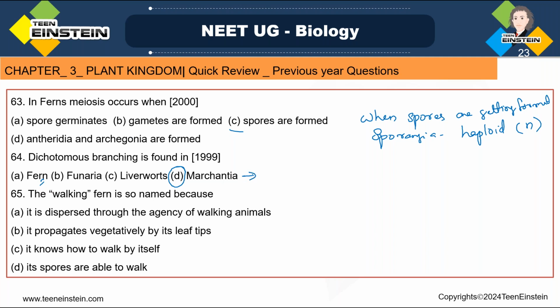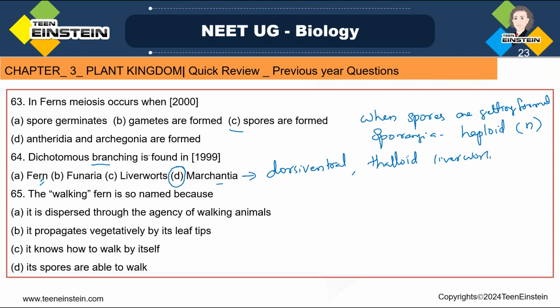Marchantia. So what are all the other features you can learn? Marchantia is dorsiventral, then it is dichotomously branched. So here, dichotomously branched, that is the question. So dorsiventral, dichotomously branched, it's a thalloid liverwort, right? Thalloid liverwort.